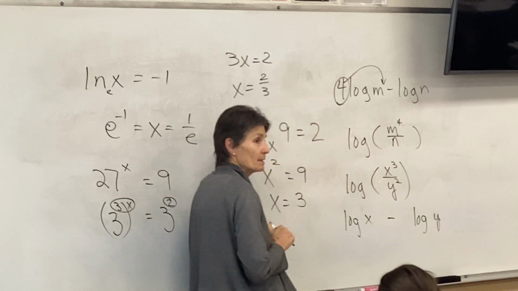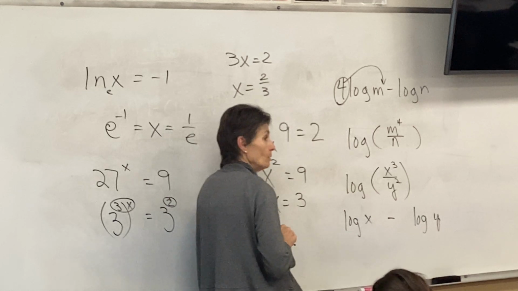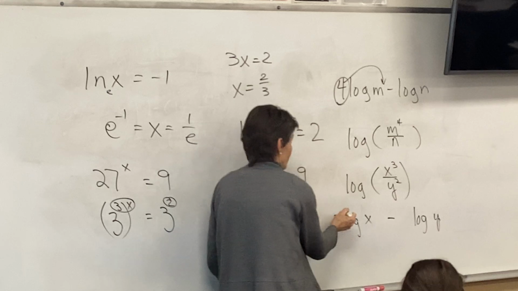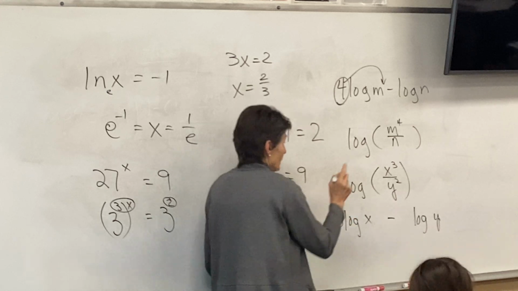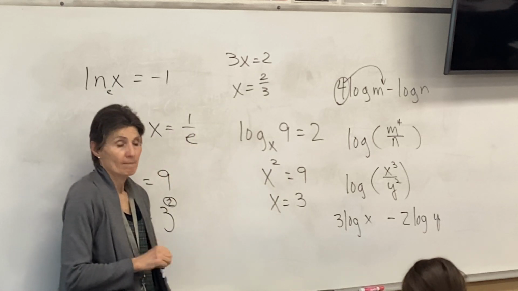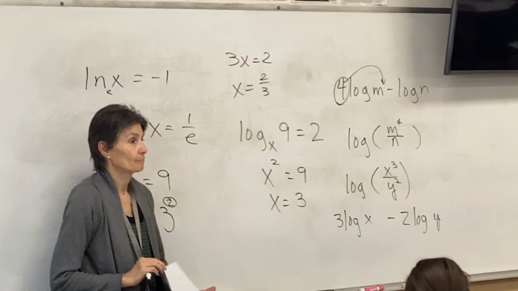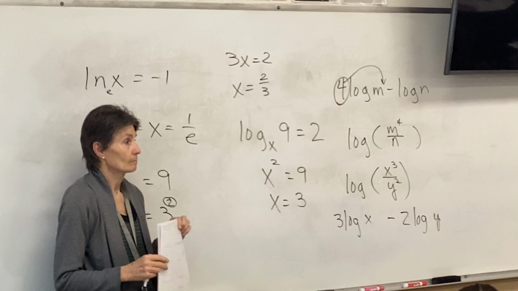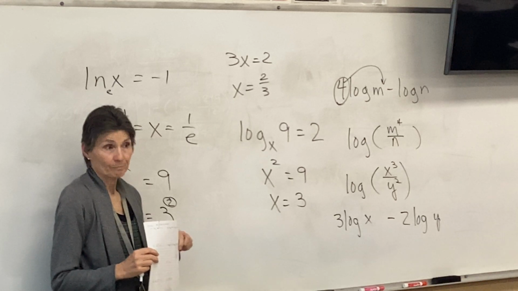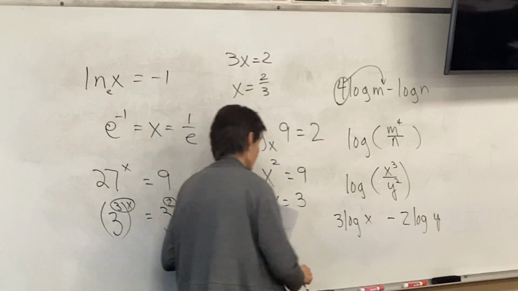And is that it then? Am I done? No. I'm going to do what with that 3? Put it out in front. And same with the 2. And that's it. Okay? Now we need our calculators out.